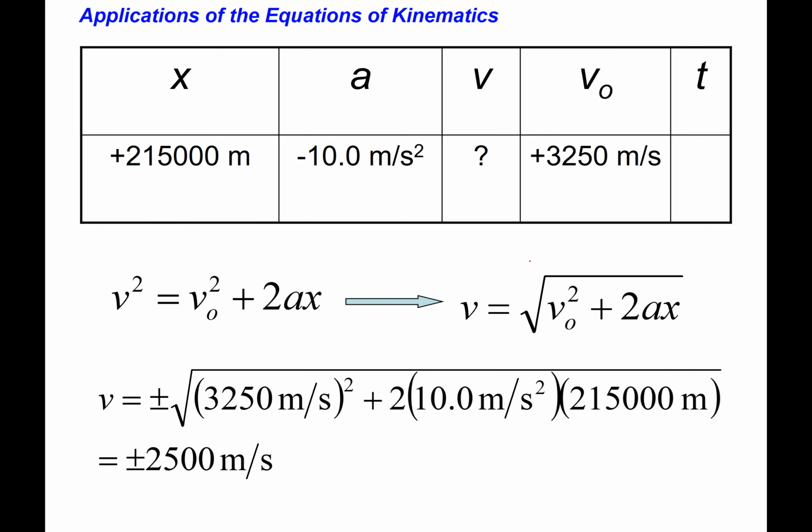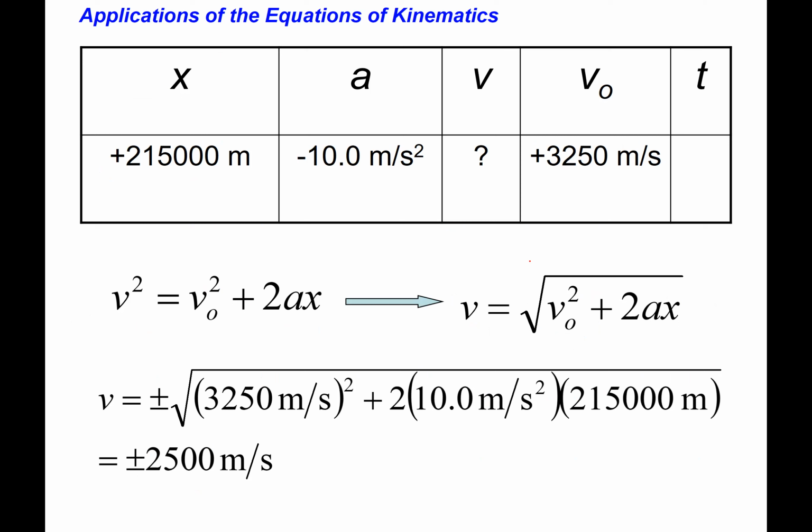Before you plug in any variables, make sure that the equation is rearranged to solve for the unknown variable. In this case, I'm looking for the final velocity, so I simply take the square root of the quantities on the right side.